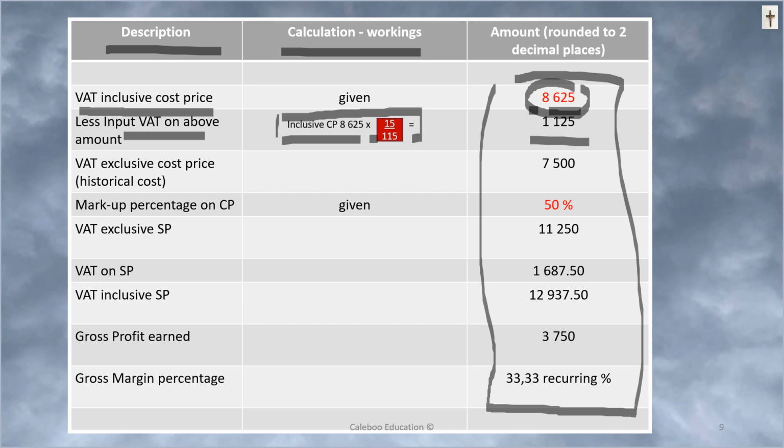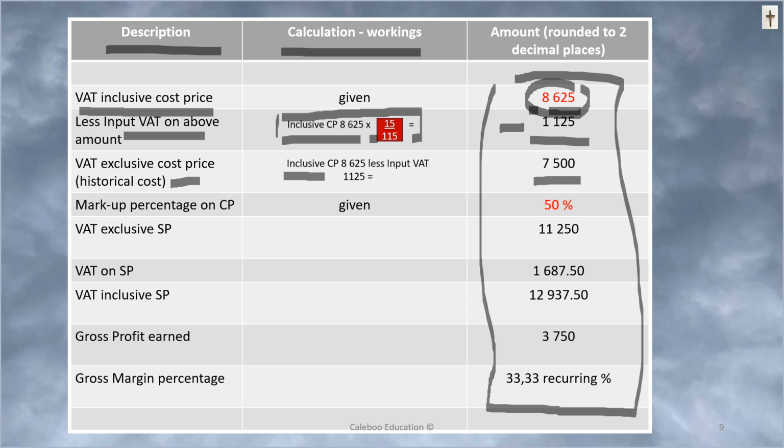Then the next line, they're asking for the VAT exclusive cost price, the historical cost price of the item that was purchased. And that's quite easy. We say the inclusive amount less the VAT amount is going to give the VAT exclusive cost price. So there we go.